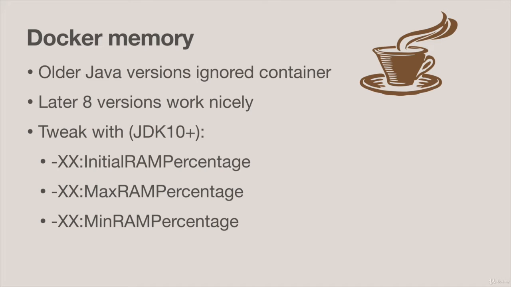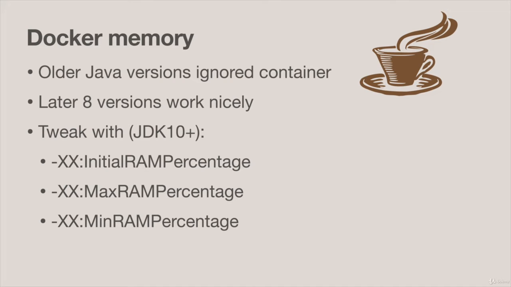So if you give your container 2 gigabytes, but it's running on a host with 128 gigabytes of RAM, then it will pick its heap size based off the 128 gigabytes of RAM, which will pretty much always result in it being killed, so out of memory killed by the container runtime.